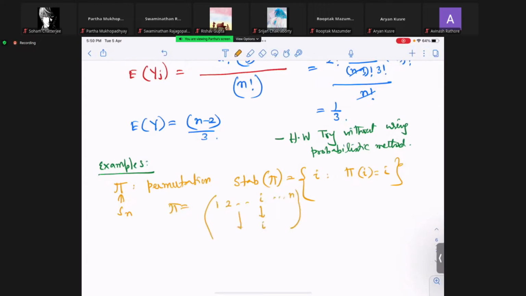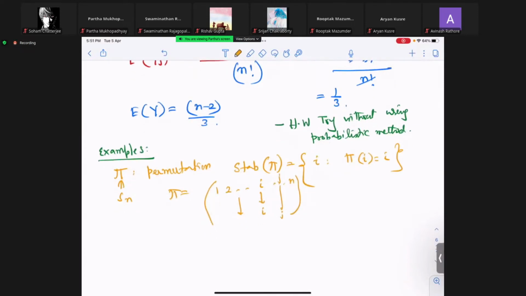So many points will be moved to this point, and that set I call the stab set, stab of pi. These are also called the fixed points.